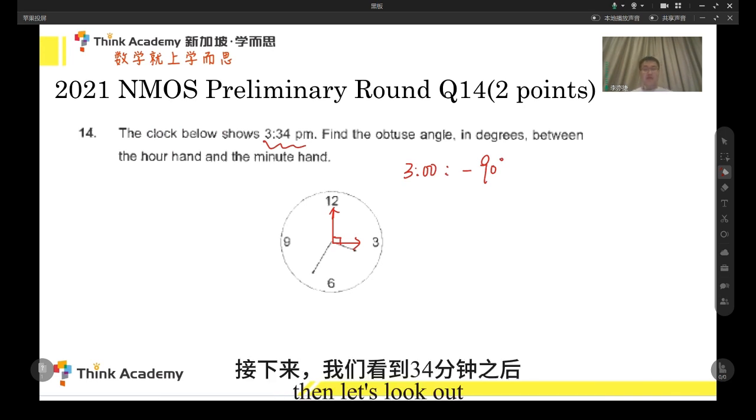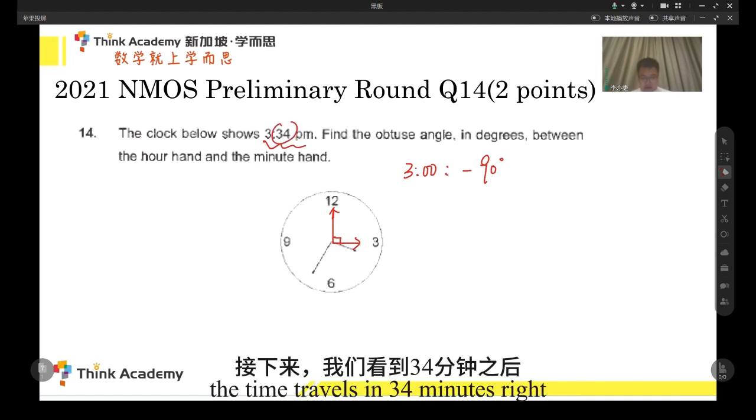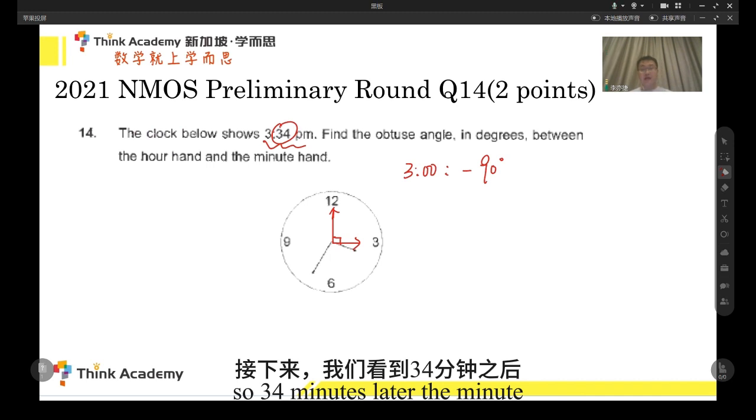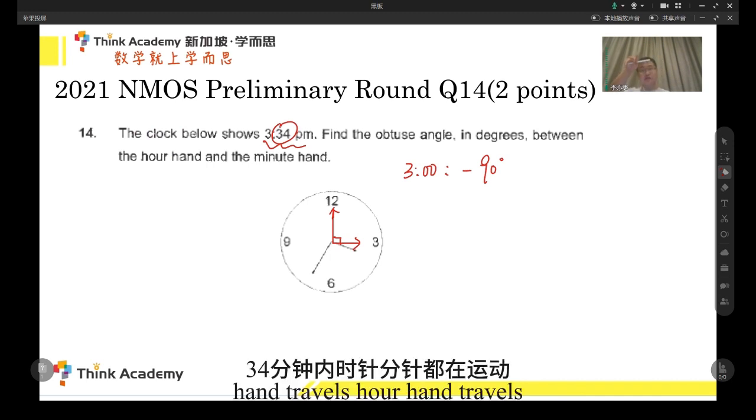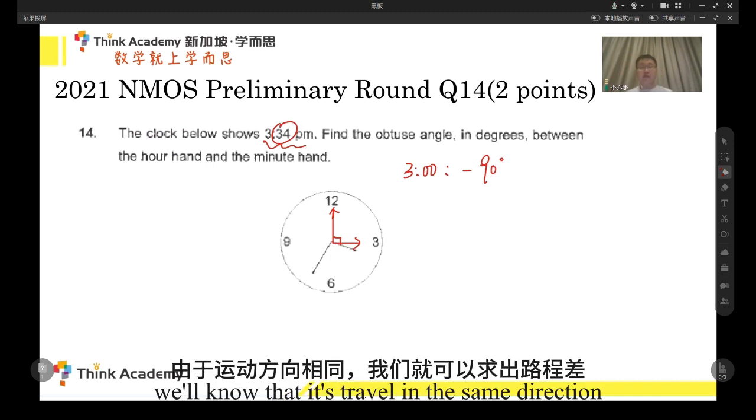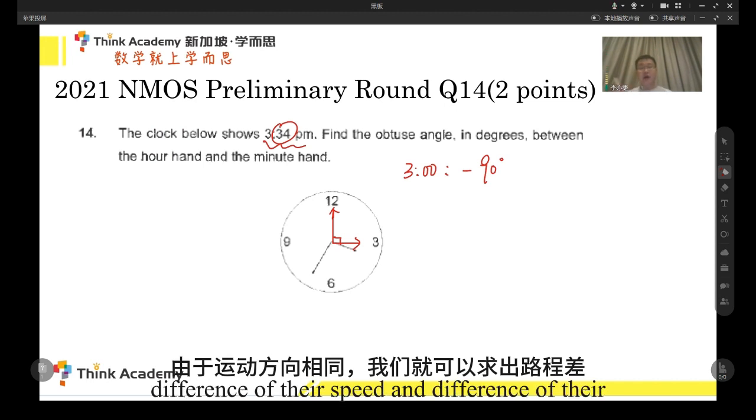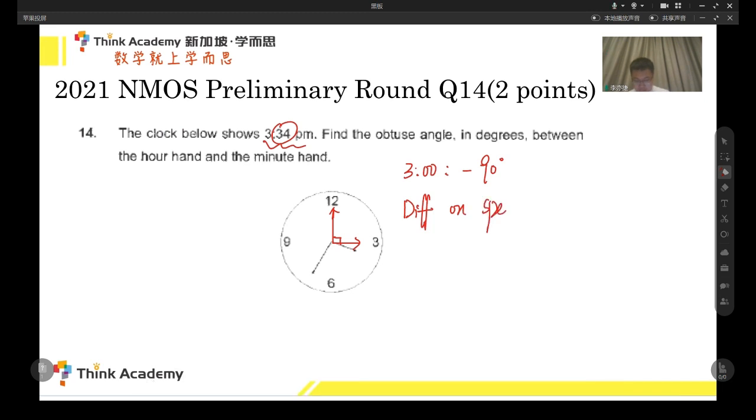Then, let's look. The time travels 34 minutes, right? So 34 minutes later, the minute hand travels, the hour hand travels. We all know that they are traveling in the same direction, so we can find the difference of their speed and the difference of their distance. So, as we all know, the difference on speed is 5.5 degrees per minute.